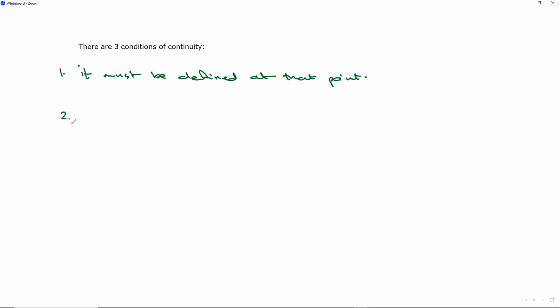The second one is its limit must exist at that point as well.